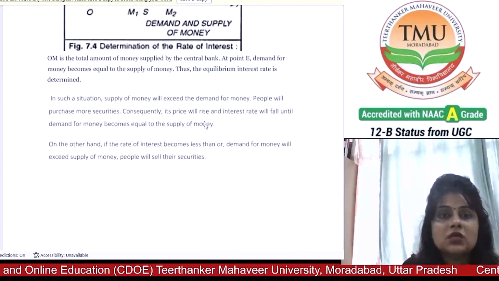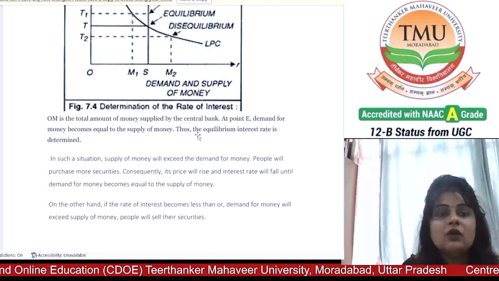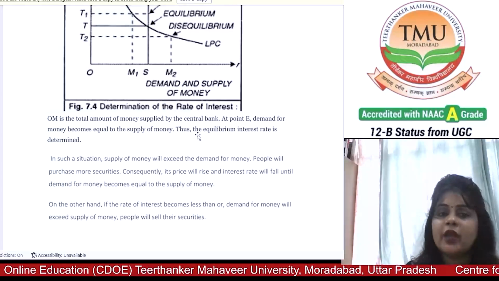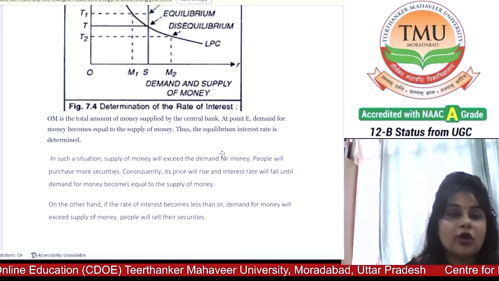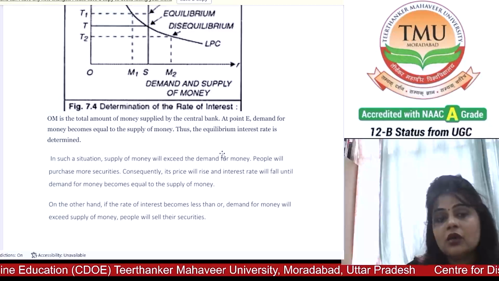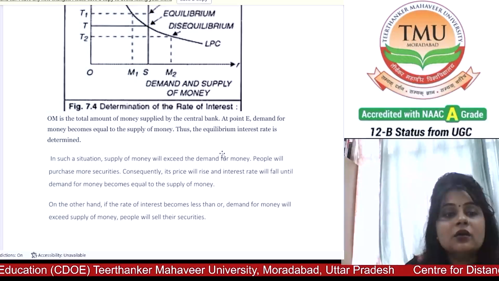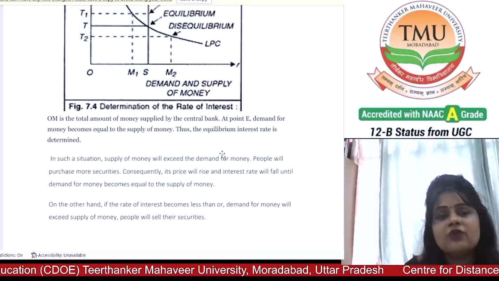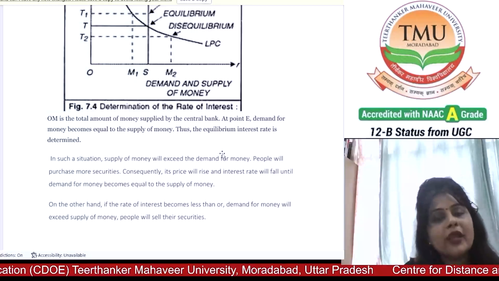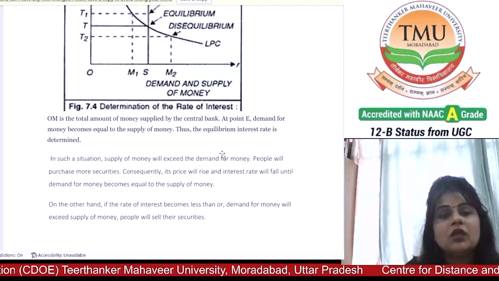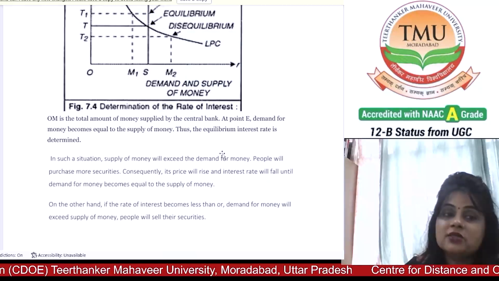So, as you see here, it has been pointed out that the rate of interest is not purely a monetary phenomenon. Real forces like productivity of capital and thrift, and the saving by the people, also play an important role in the determination of the rate of interest.